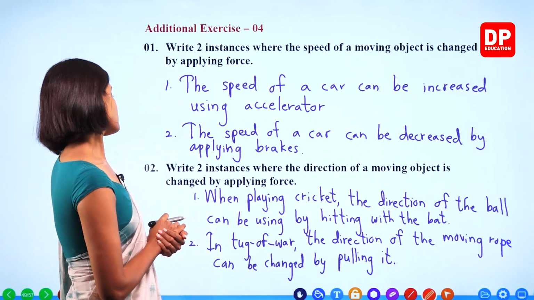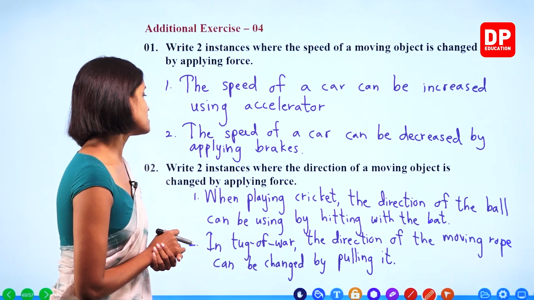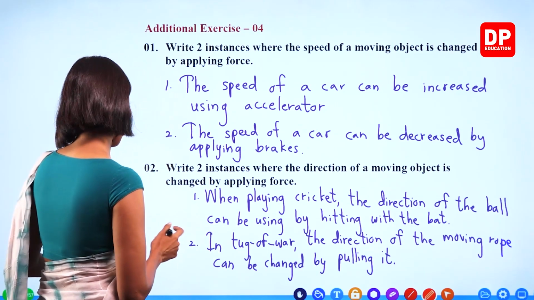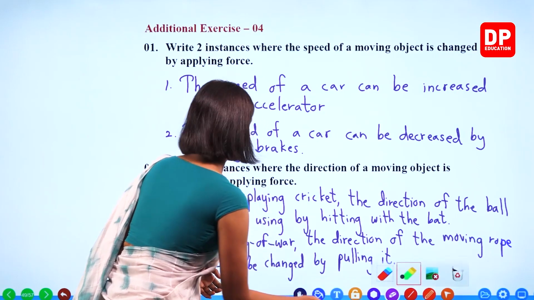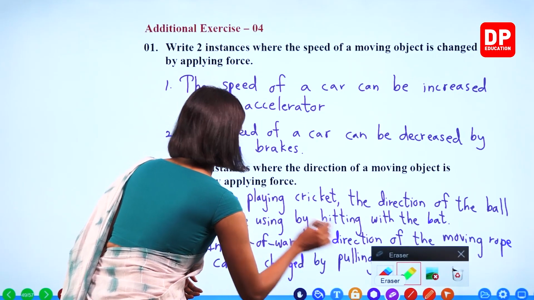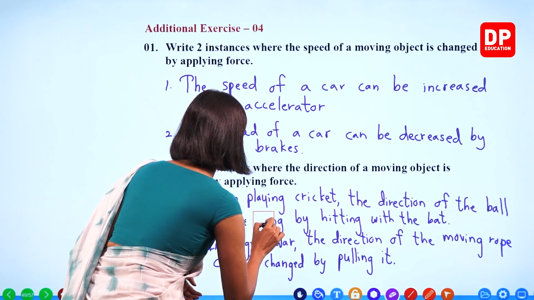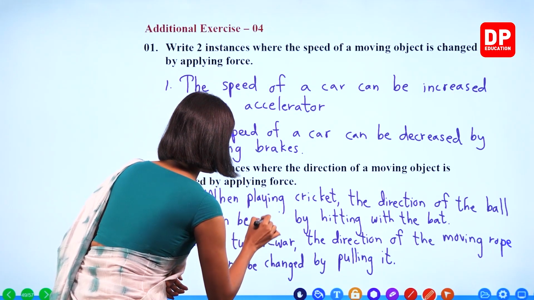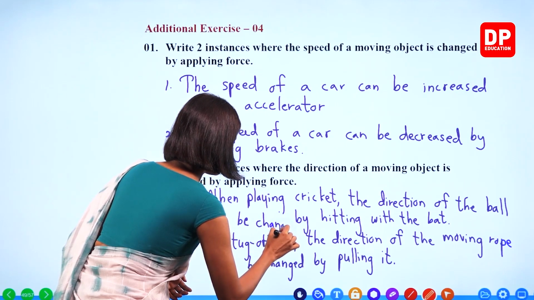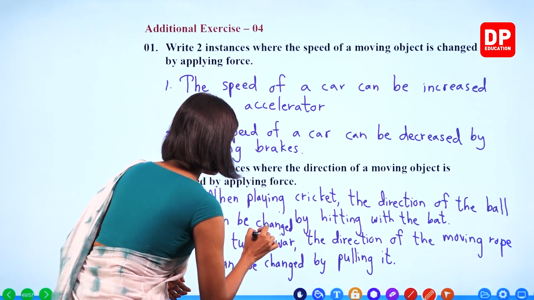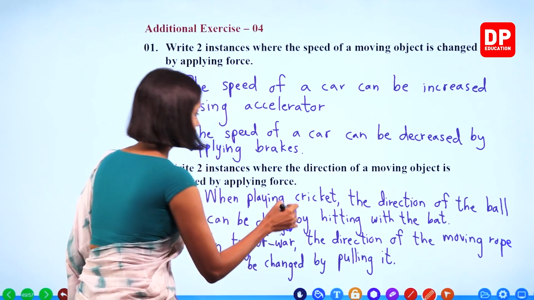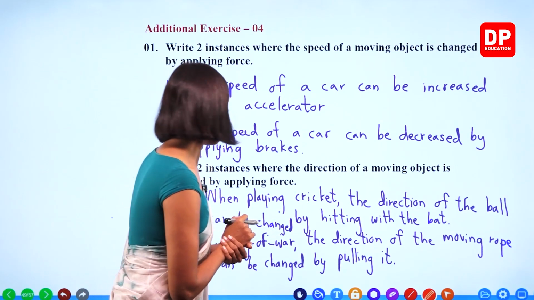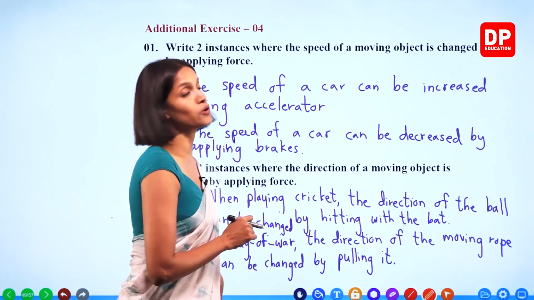Right, children? So when playing cricket, the direction of the ball can be changed by hitting with the bat. In tug of war, the direction of the moving rope can be changed by pulling it.